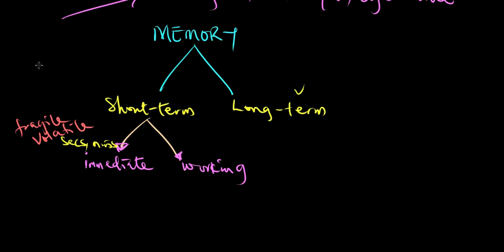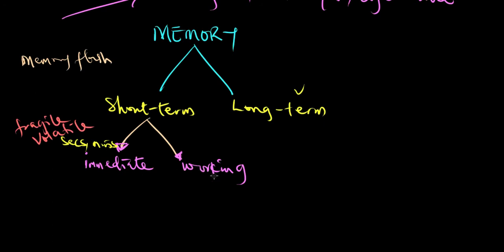Maybe you have been in a situation where you were working on something and all of a sudden an idea just came into your brain and you said, oh, this is it, this is what I have been looking for. It's a kind of inspiration. These are all examples of our immediate memory, and they don't last for a very long time.